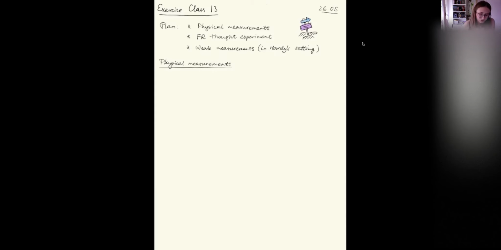So first, let us talk about the physical measurements. As in the previous exercise class and also in the lecture, we look at the examples of the measurement process where the system acting as a measurement device or a memory storage is modeled explicitly as an additional physical system.